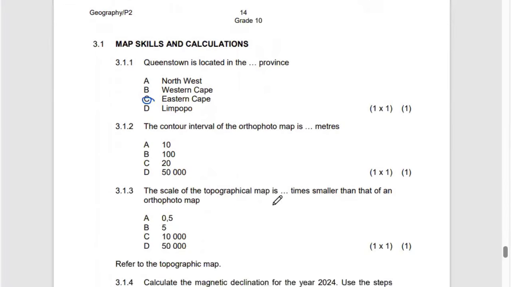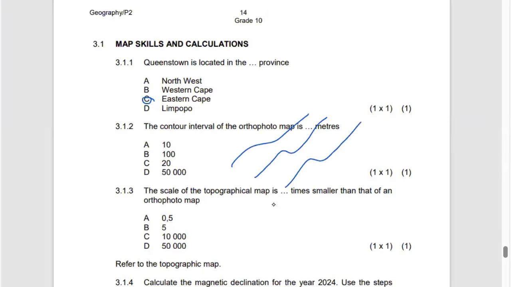Contour interval on the orthophoto map. We are looking at the contour interval on the orthophoto map. When we are looking at the contour interval, we are looking at the difference in height between two contour lines next to each other. You check the values on the orthophoto map. These are the contour lines.